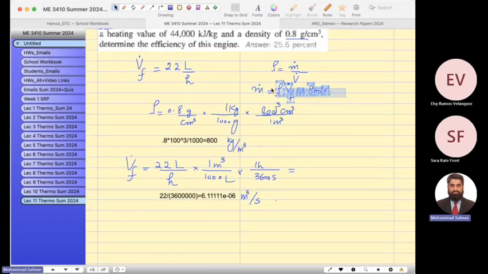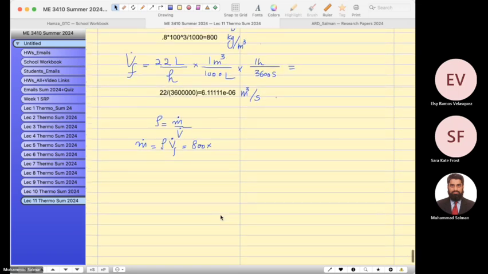Let me rewrite here. 6.11 into 10 to the negative 6 meter cubed per second, and for the density, kilogram per meter cubed. The meter cube cancels, we're left with kilogram per second. You got my point?